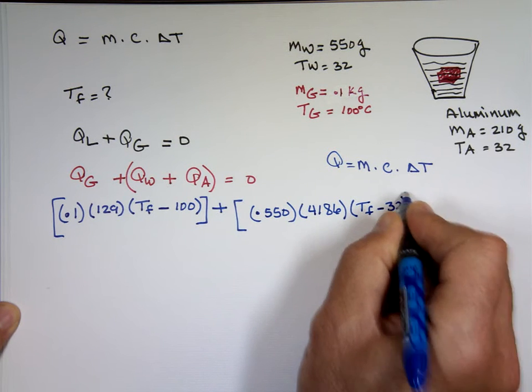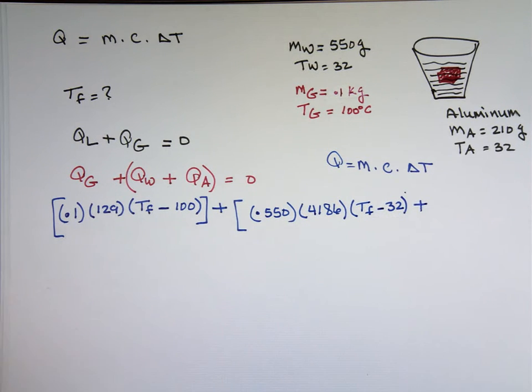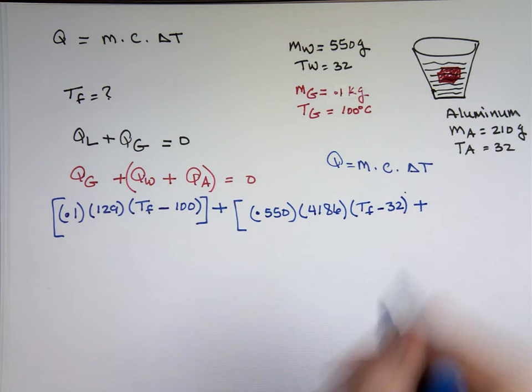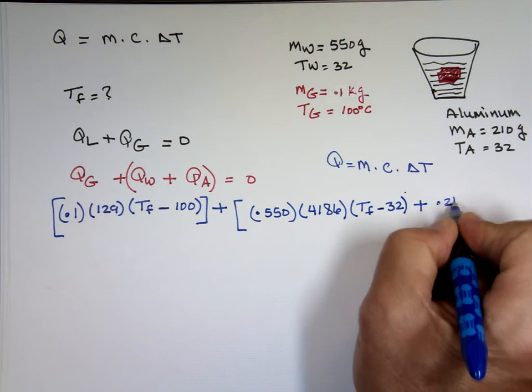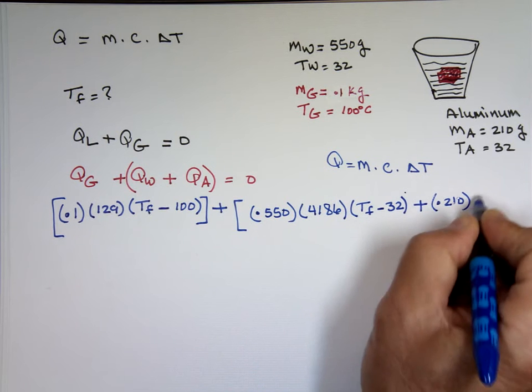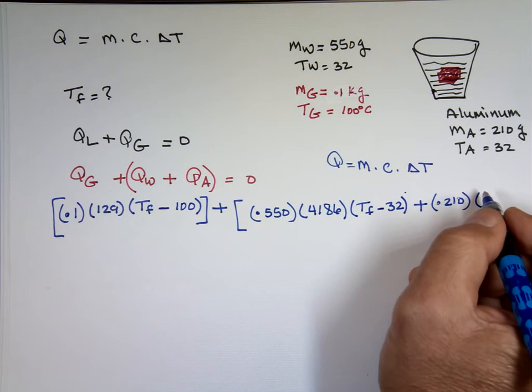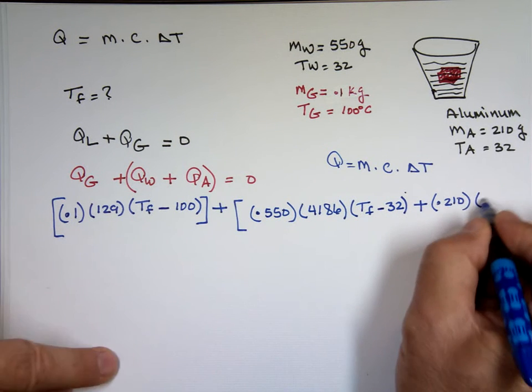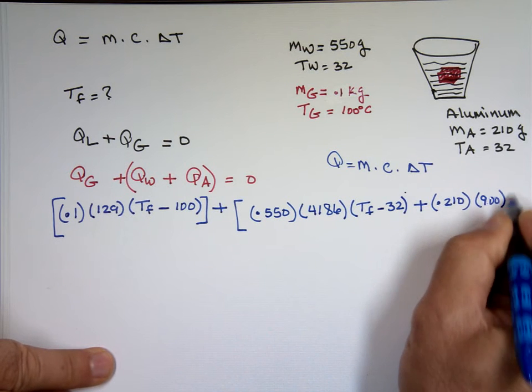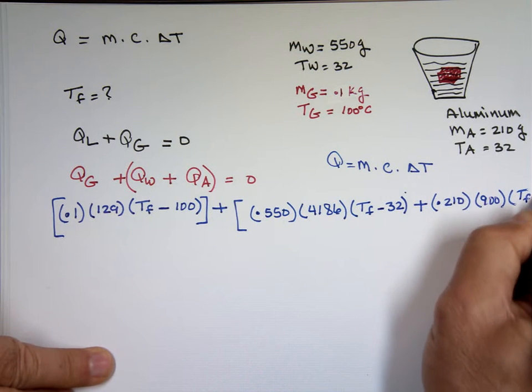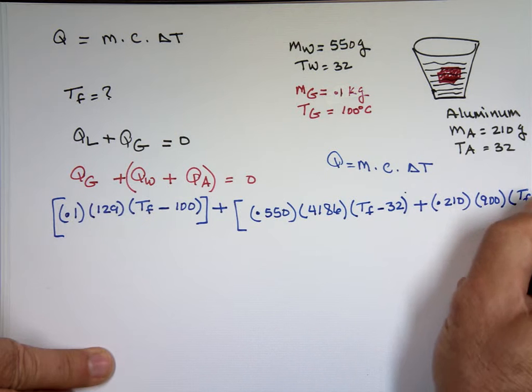Add to it the aluminum. The mass 0.210. C for aluminum, we say, was it 900 for aluminum? 900, times T final minus the initial. All of this has to equal 0.